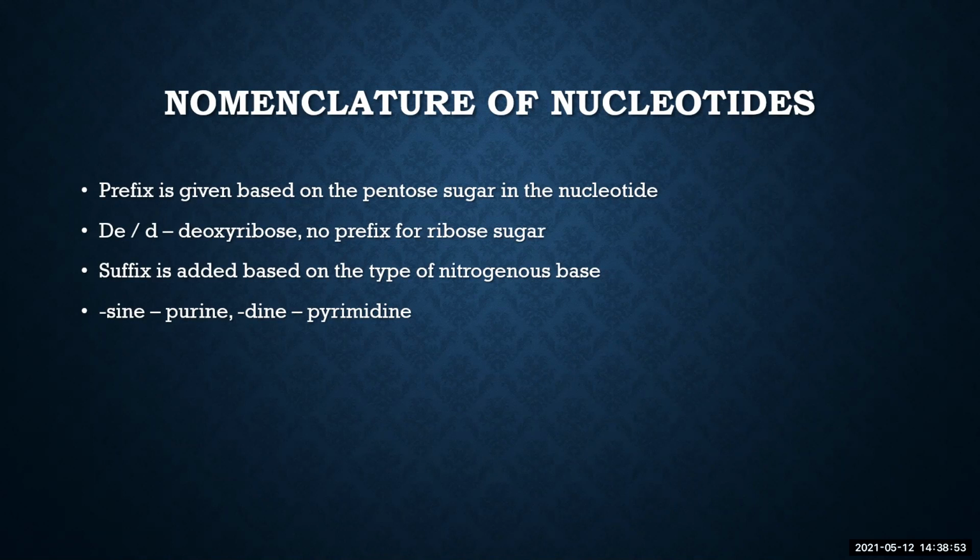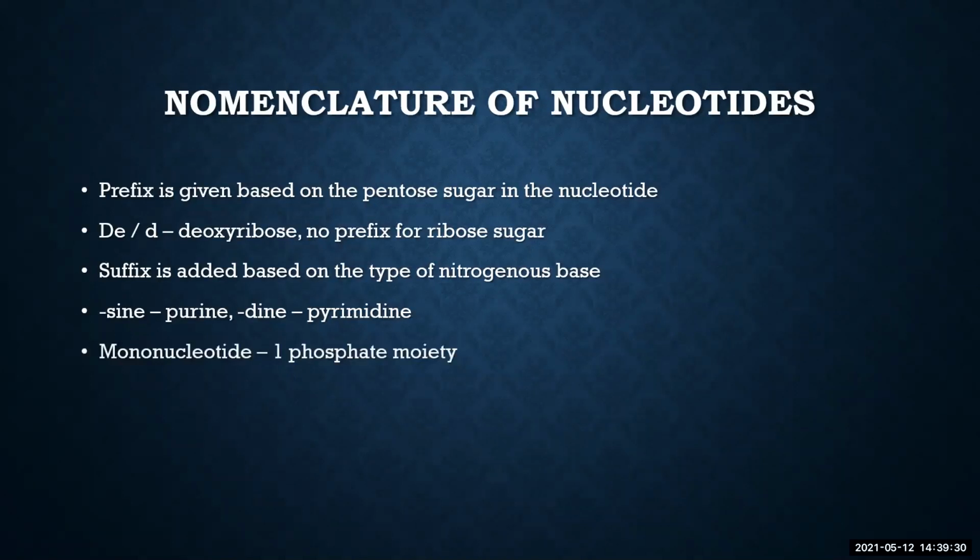A prefix of D is added when the pentose sugar in the nucleotide is deoxyribose. If the pentose sugar is ribose, then no prefix is added. Rule number two, the suffix is named on the basis of the nitrogenous base present within the nucleotide molecule. If the base is a purine, the suffix of sine is added. If it is a pyrimidine, the suffix of dine is added.